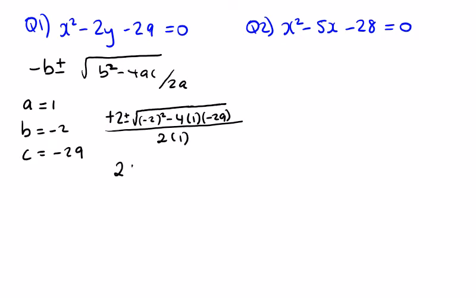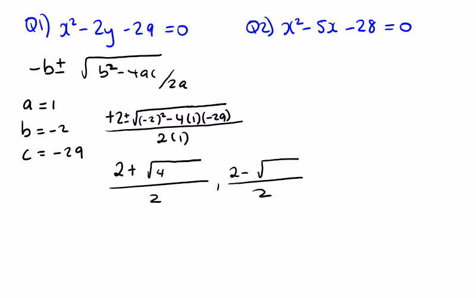So write your 2 solutions out. We've 2 plus the square root of something over 2. And we've 2 minus the square root of something over 2. So what do we have inside the square root? Let's have a look. We have 4. 2 squared is 4. And we have a minus here and a minus here, so it's going to give me a plus. And 4 29s. Well, 4 25s is 100. 4 4s is 16.